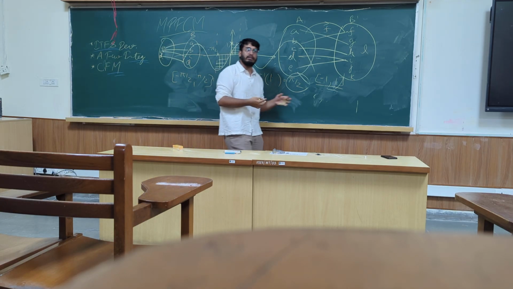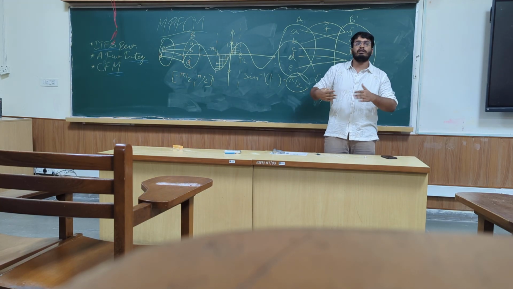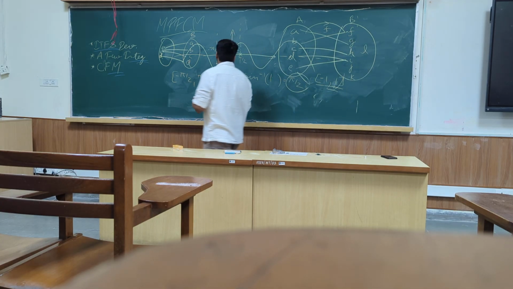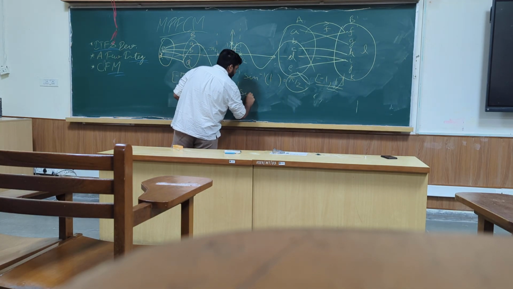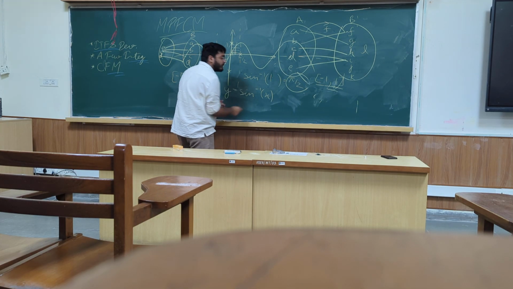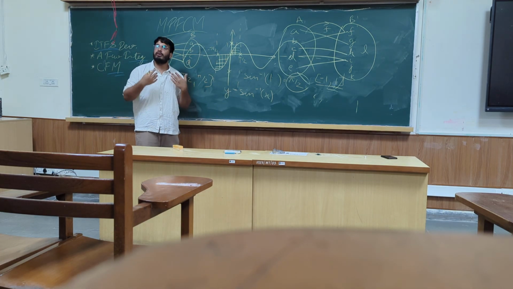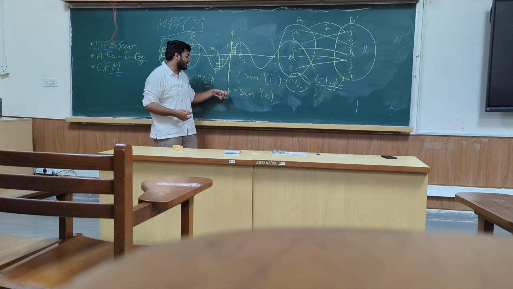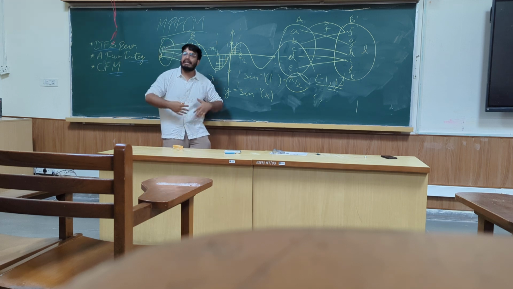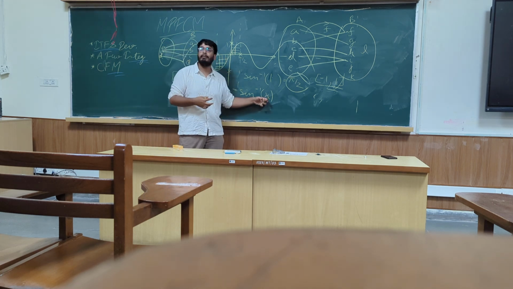In easier words, like I said, what does the sine inverse function ask us? When I say y equals sine inverse of x, all the function is asking me is to give me a y such that when I take the sine of y, I get back x.